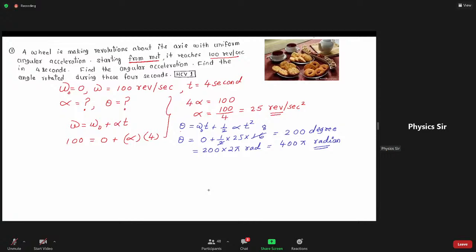सब लोग को समझा? प्लीज बेटा रिप्लाई करो, क्या सब लोग को समझा? Have you all understood? ओके, so the moment you are done you can reply. So the moment you are done, you can reply done, so I can take a next sum.